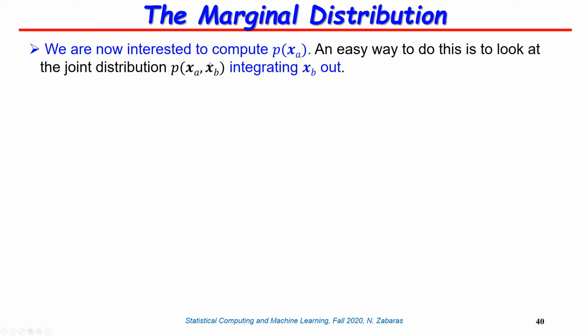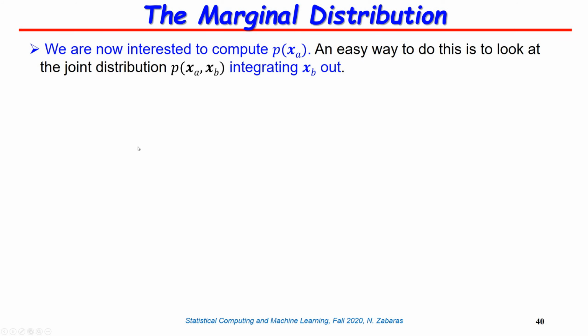So if you can complete the square in XB, the only thing you'll be left with is a distribution on XA. And because this P of XA XB is normalized, when you integrate XB out properly, the marginal also turns out to be normalized.